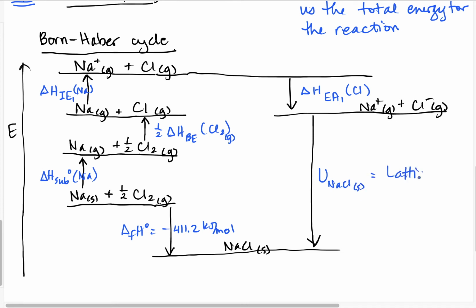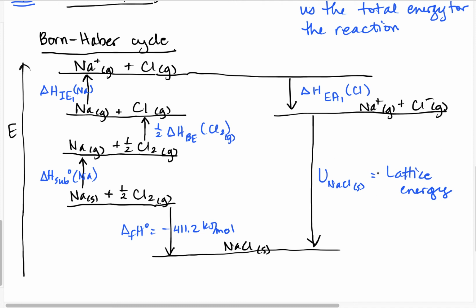And that was the whole point of why we drew out this entire diagram, was so that we could identify where is the lattice energy on this diagram? What are all of the parts of the energy that are going into this sodium chloride, and how can we think about them?